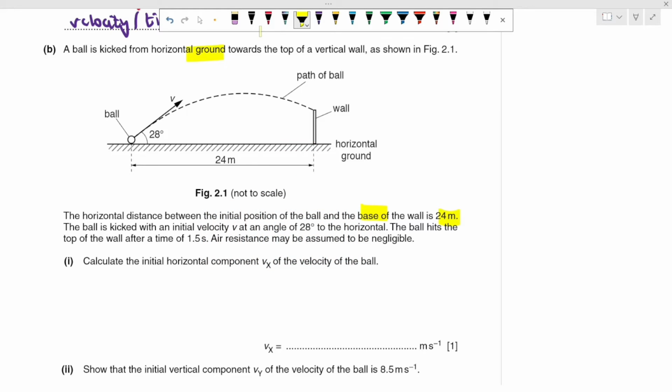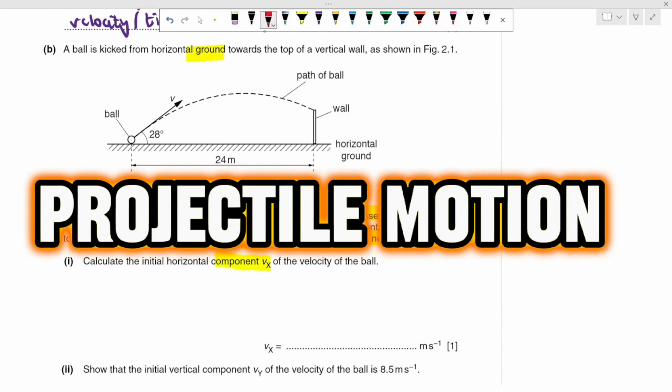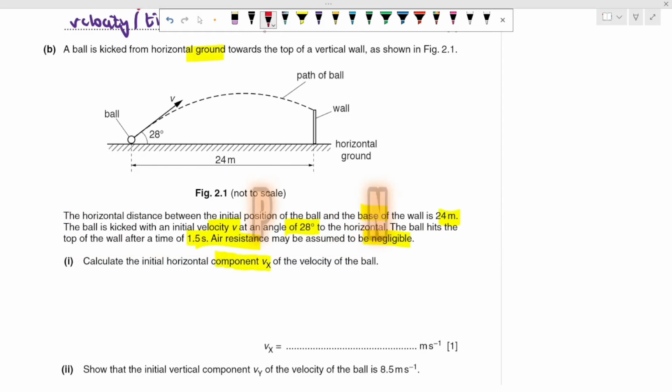The ball is kicked with an initial velocity V at an angle 28 degrees. The ball hits the top of the wall at 1.5. Air resistance may be assumed to be negligible. Calculate the initial horizontal component Vx. Now, for projectile motion, it is very important for you to take note of the following.